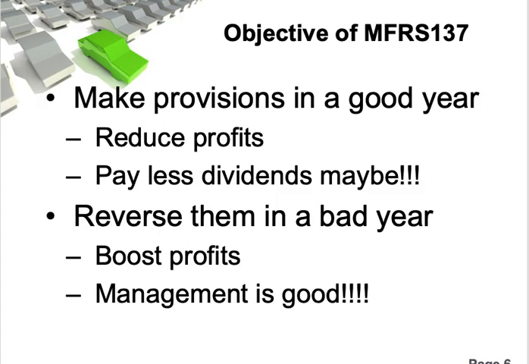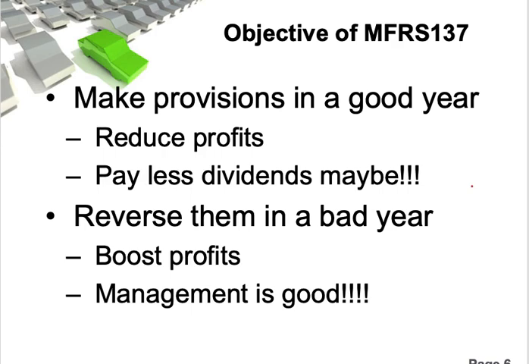Companies can smooth income. Why does the company want to smooth their income? When you are making profit, your net profit is high. It means that your company may have to pay a higher cash dividend, or you may have to pay higher tax.